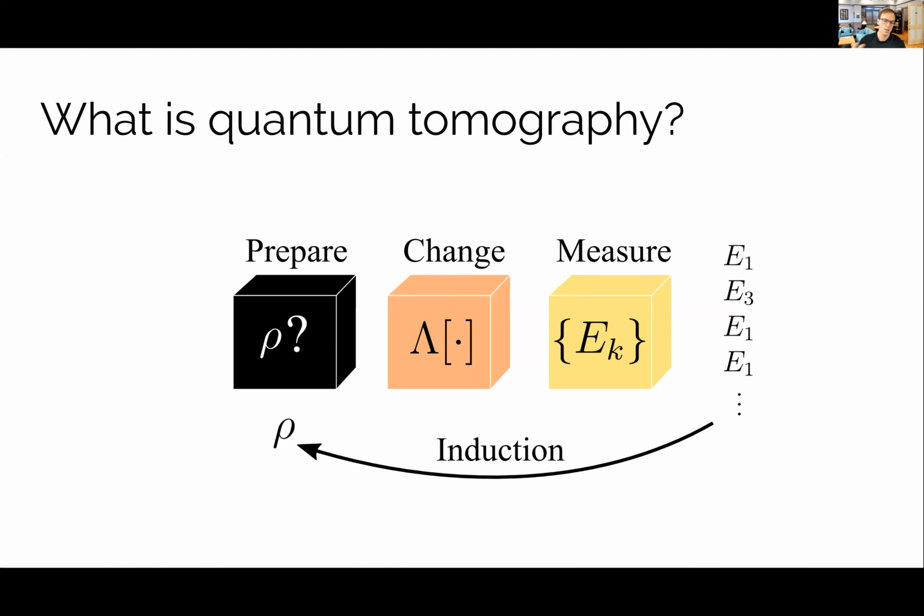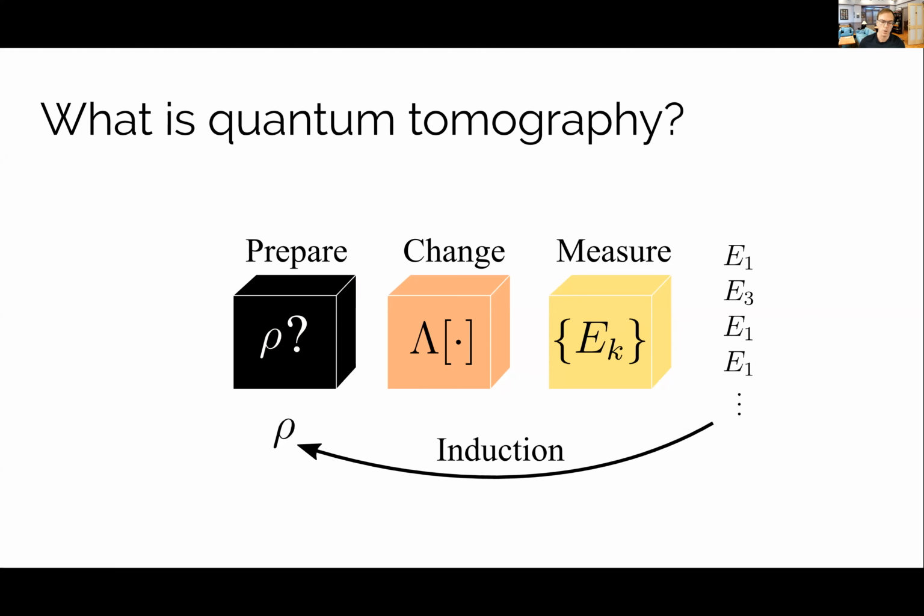So there's an example here. If I perform some measurements that's specified by some set that I've labeled E_k, I might see outcome 1, then I might see outcome 3, then I might see outcome 1 again, and then I might see outcome 1 again. So I'll see this list of outcomes, and the task is to find out what that preparation box should be labeled.